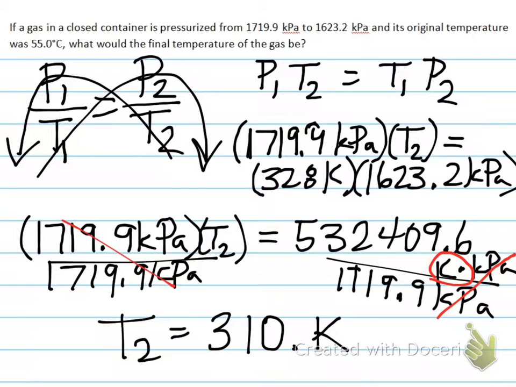Again, if I look back up at my equation, I have 5 sig figs, 3 sig figs, and 5 sig figs. So I need 3 sig figs, so I have 310. Kelvin as my final answer for this problem.